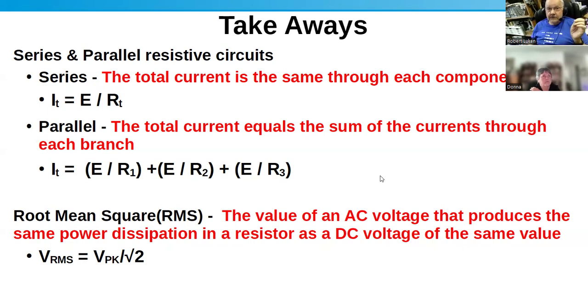And RMS was the value of an AC voltage that produces the same power dissipation in a resistor or a load as the equivalent DC voltage.